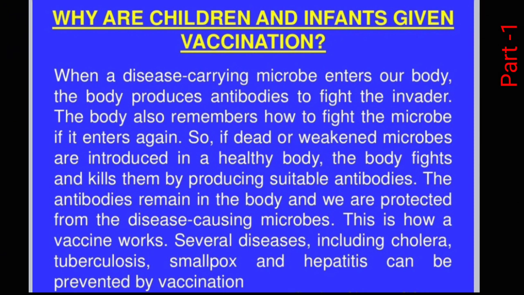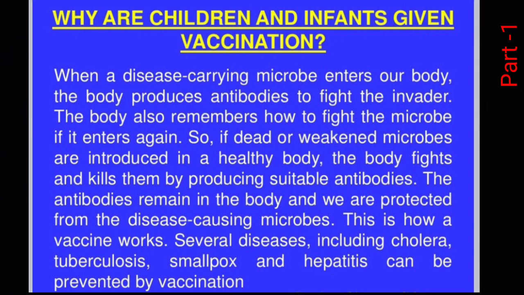So if dead or weakened microbes are introduced into your healthy body through a vaccine injection, the body fights and kills them by producing suitable antibodies. After the production of antibodies, these remain in your body, and in this way we are protected from disease causing microbes.